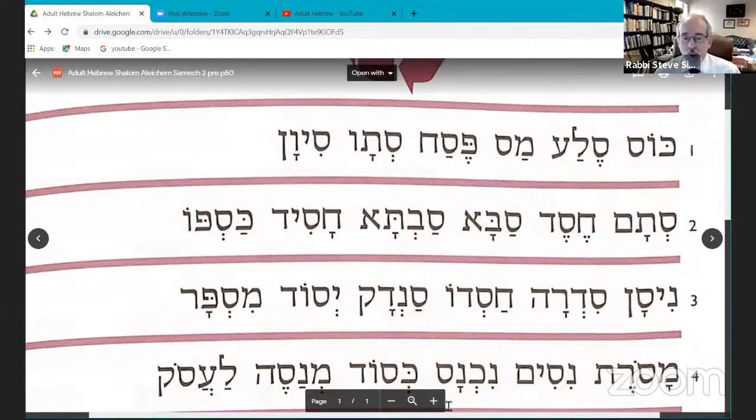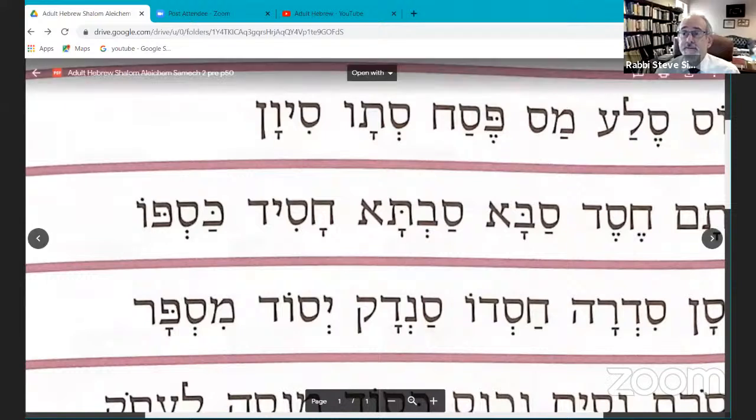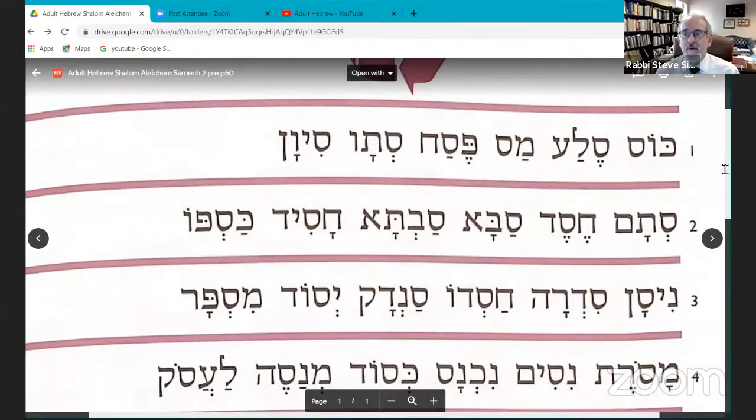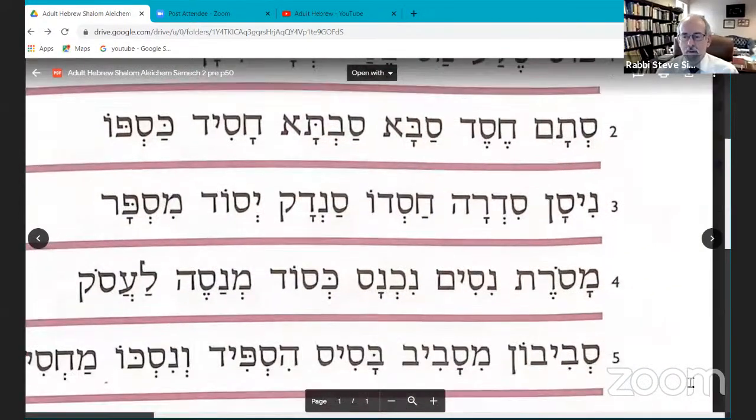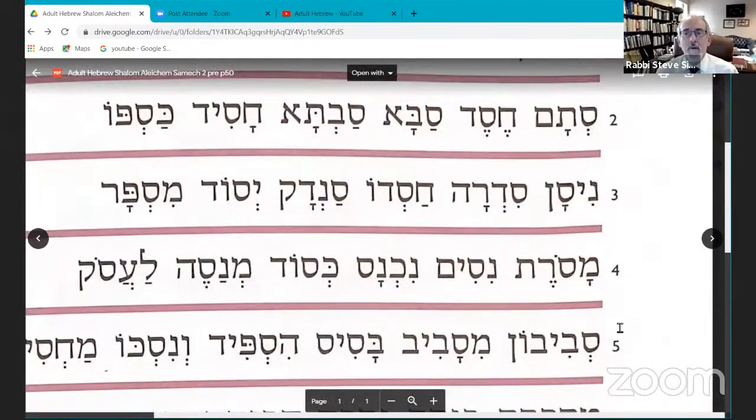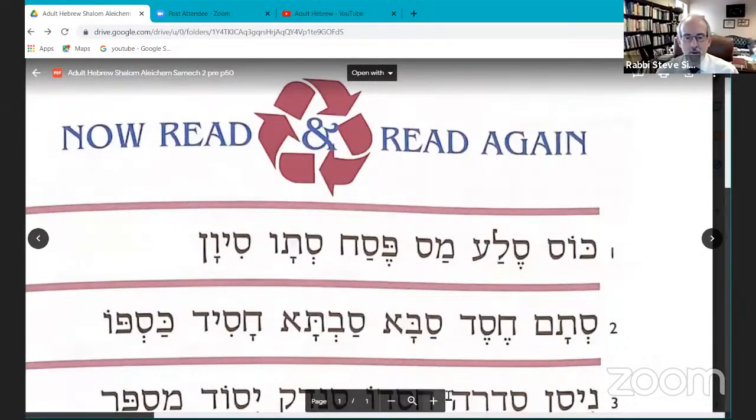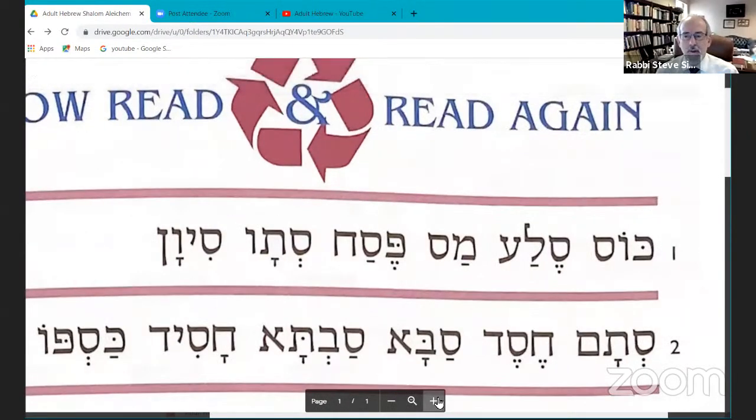Line 1. I hope this is large enough for you to see comfortably. Having difficulty with the screen today. Allow me a moment, please. Let's see if I can do this. Can't expand the screen for some reason. I don't know why I can't expand the screen. Maybe this will work. There we go.